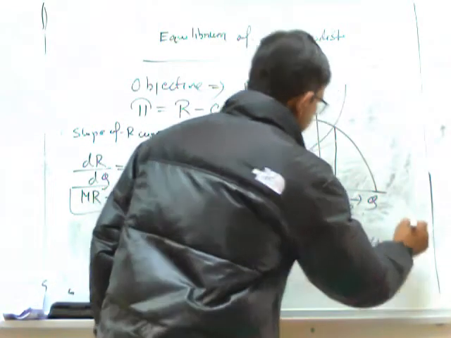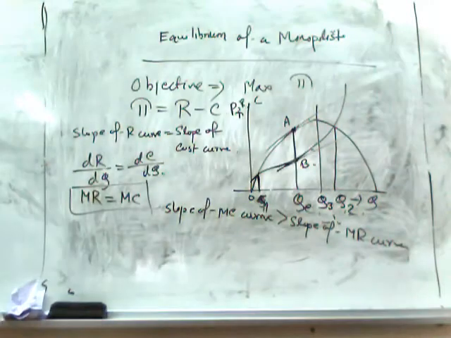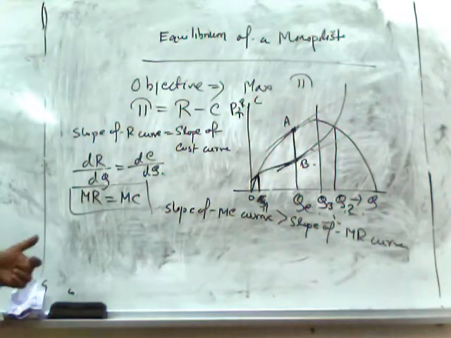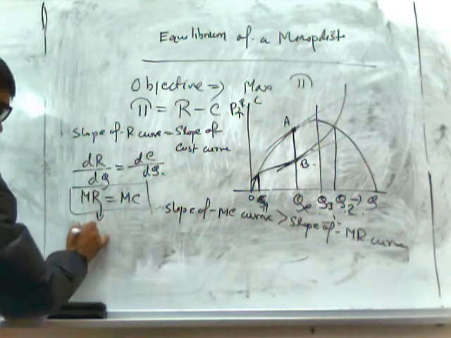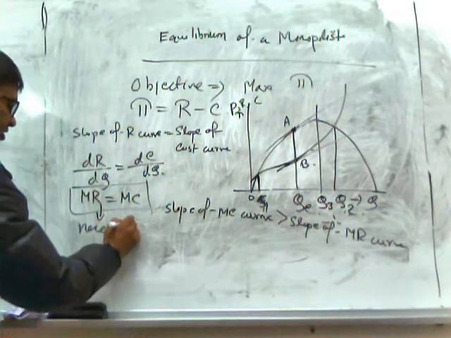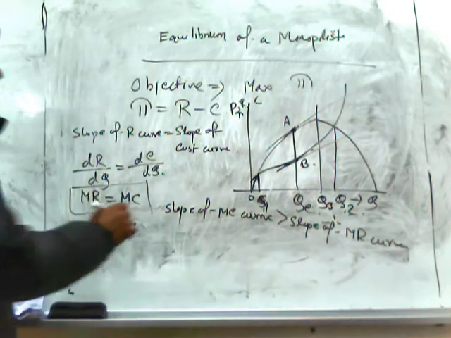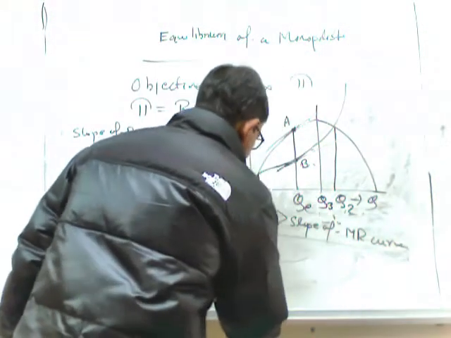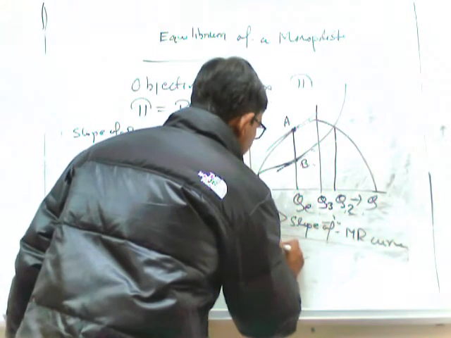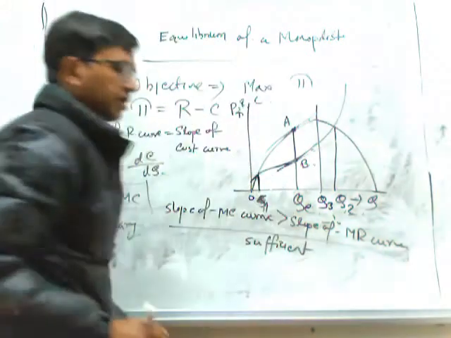So then we can say this is the profit maximizing condition of equilibrium. So MR equals MC is known as the necessary condition of equilibrium, or the first order condition of equilibrium, and this is known as the sufficient condition or second order condition.